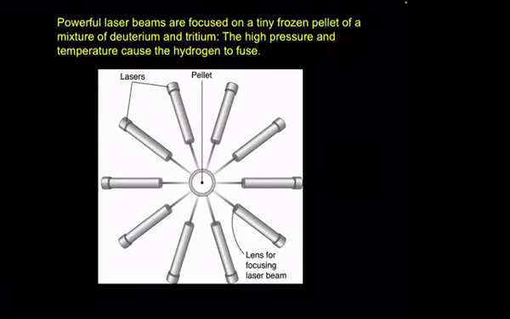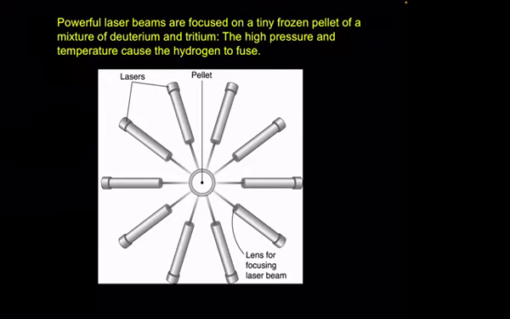So this is an inertial confinement. So this is a little bit different than magnetic confinement. They used a bunch of lasers for this. So powerful laser beams are focused on a tiny frozen pellet of a mixture of deuterium and tritium. The high pressure and temperature causes the hydrogen to fuse. In fact, someone could probably just Google sources of tritium because they would need this too, and they're not producing tritium. But maybe they are.